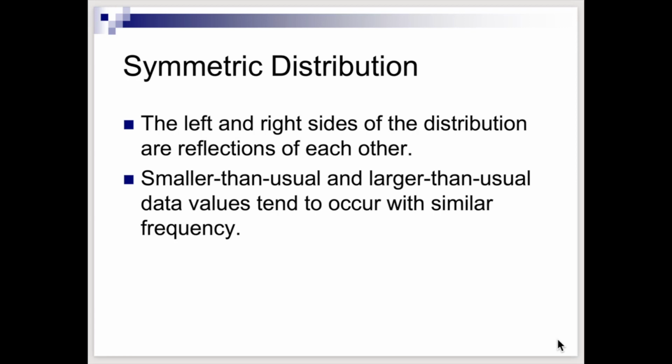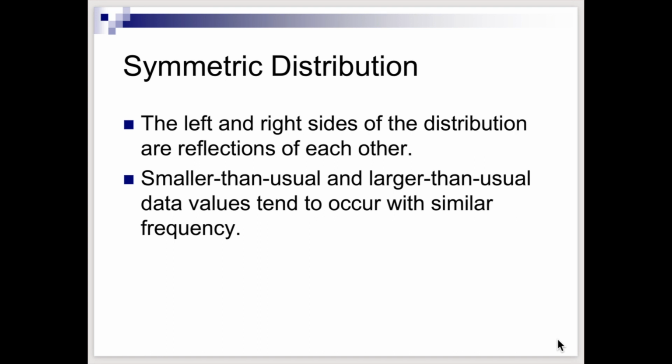So if we think about a distribution, and if we think about some measure of the center of that distribution, and if I'm thinking graphically now, and if I were to draw a vertical line through what we might call the center of that distribution, if the left side is a mirror image of the right side, then we would say that the distribution is symmetric. We can also describe a symmetric distribution verbally, or conceptually, by saying that smaller than usual and larger than usual data values tend to occur with similar frequency.